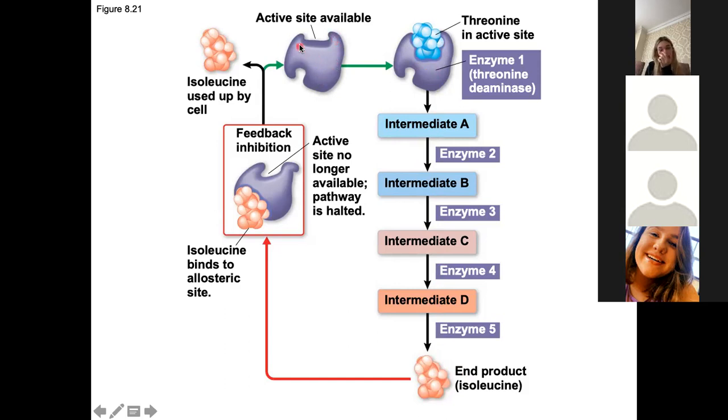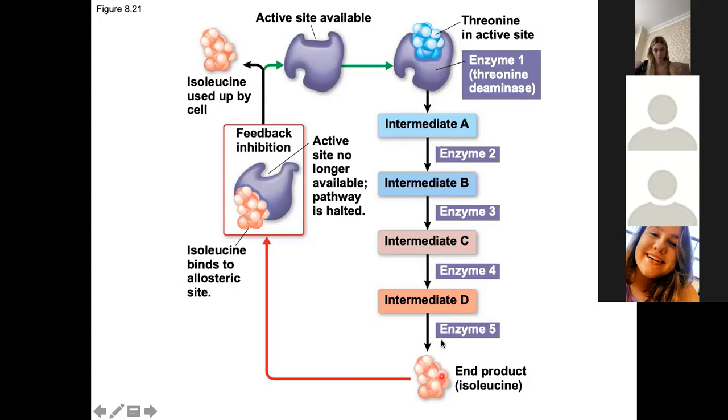So in this diagram, here's the active site there, and this enzyme is going to catalyze a reaction where threonine here is going to end up being turned into isoleucine there.